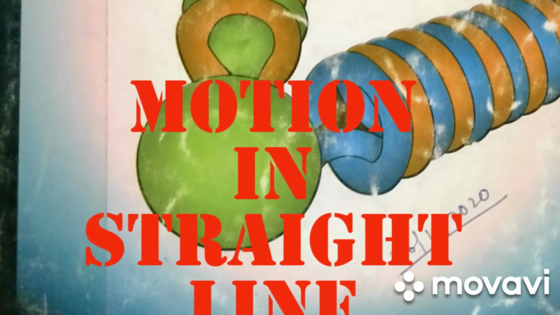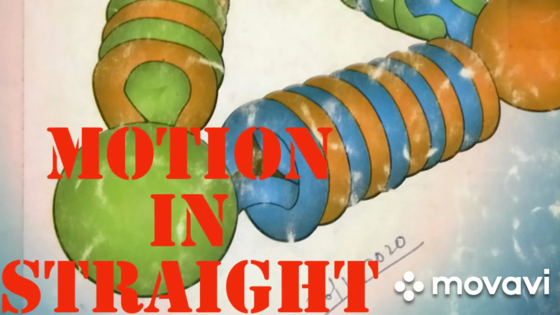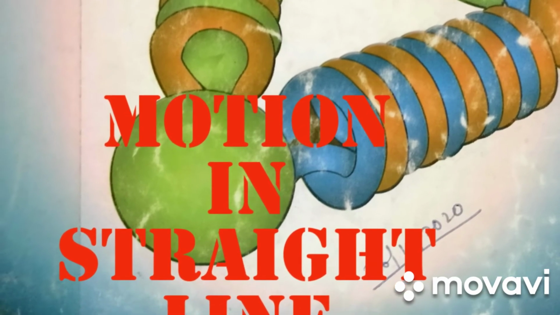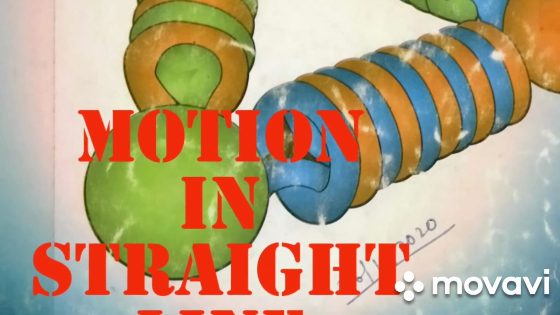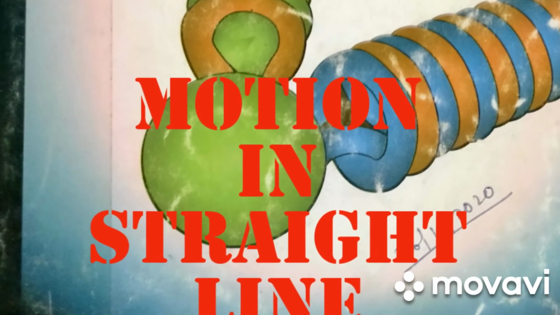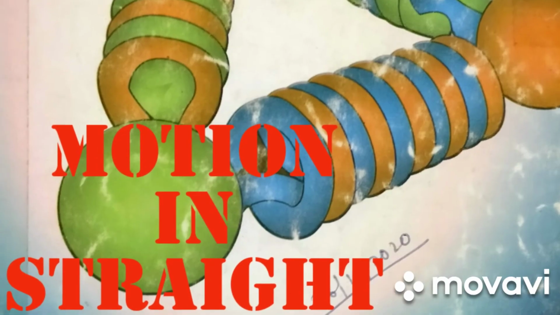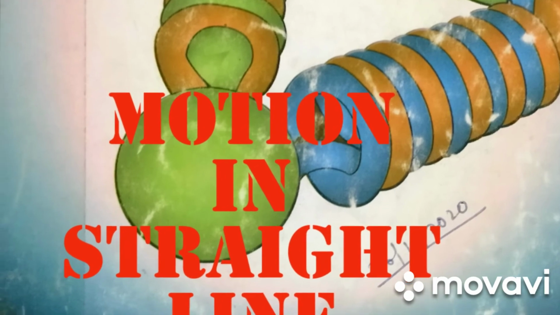In that case, a becomes minus g, and H1 becomes ut minus half gt square.